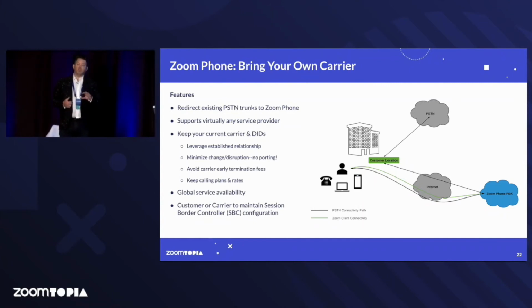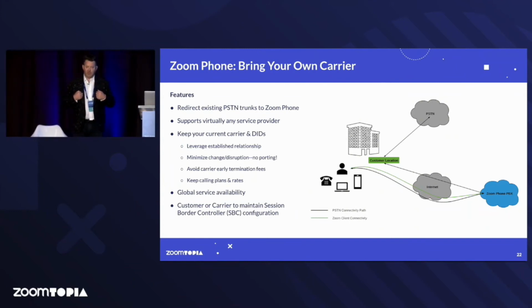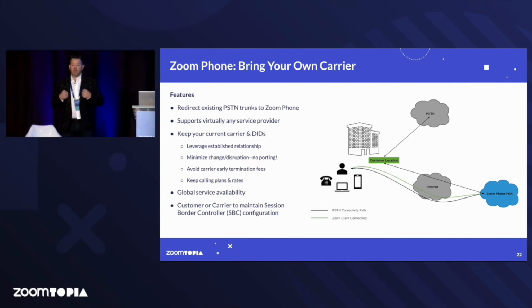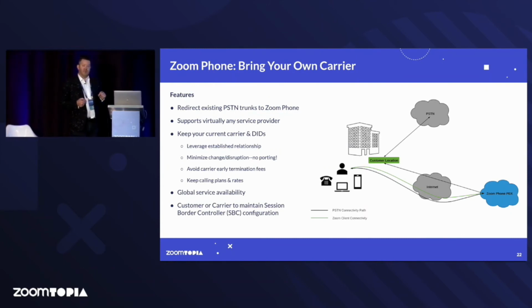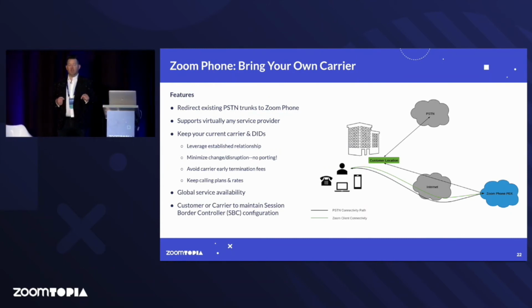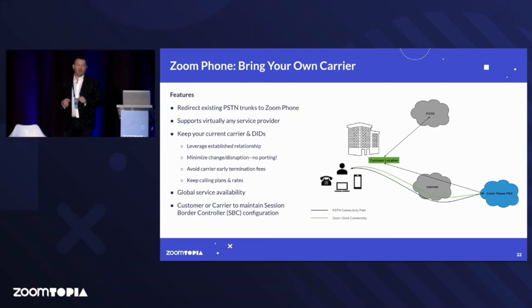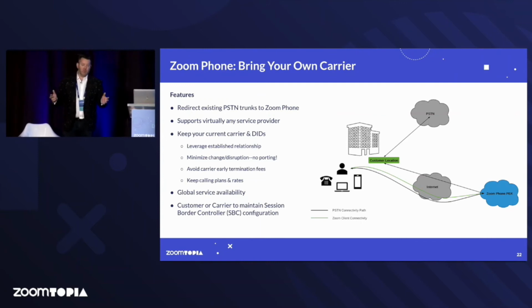So what we allow you to do is to redirect those SIP trunks coming into your on-premise solution to the Zoom Cloud and bypass our native calling plans. So this gives you a lot of flexibility in deciding how you want to provide that PSTN service to your users. And it also gives you the ability to light up Zoom Phone in countries that we don't even support yet. So essentially, Zoom Phone is now available throughout the world.